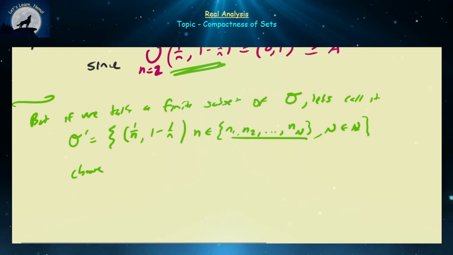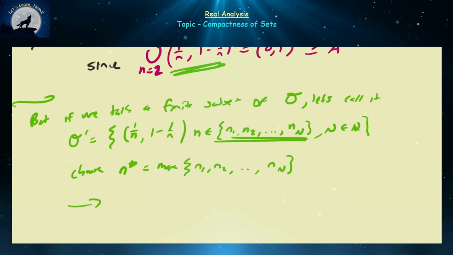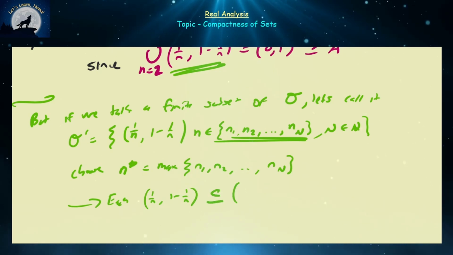Because that's a finite set of real numbers, we choose n star to be the maximum of n1, n2, down to nN. Then each interval (1 over n, 1 minus 1 over n) is contained within (1 over n star, 1 minus 1 over n star).